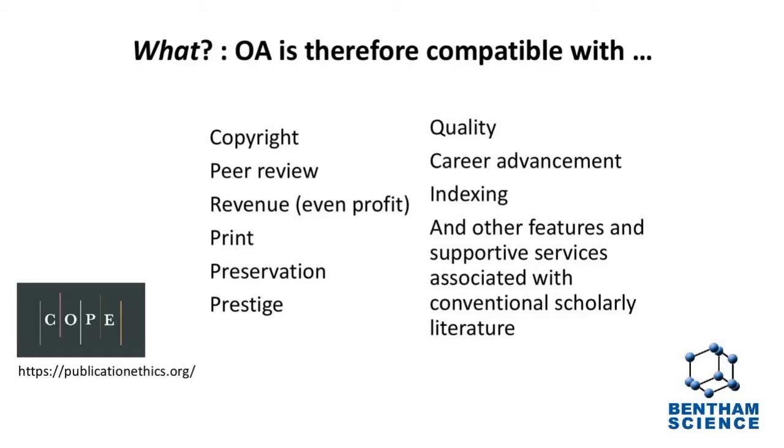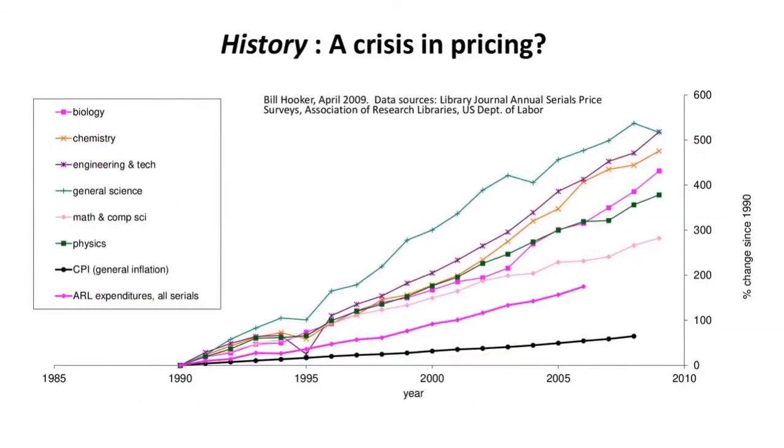Your work is preserved. You gain the prestige from publishing in an open access journal. The papers are high quality. Your career will be advanced. All of the journals are indexed. These are the kinds of things to look for when selecting a journal, when going in and thinking, should I publish my work in that open access journal? These are the kinds of issues that you will consider as an author.